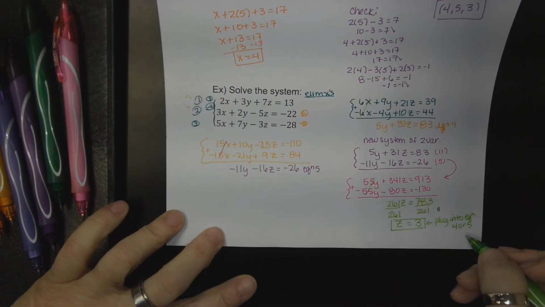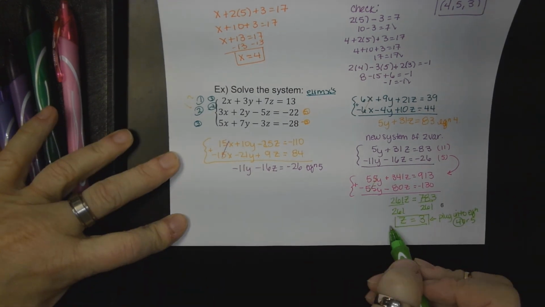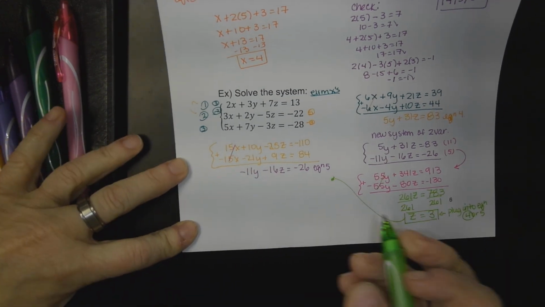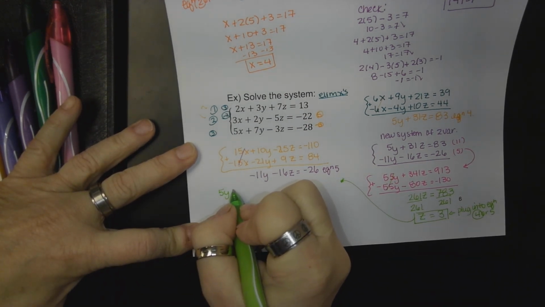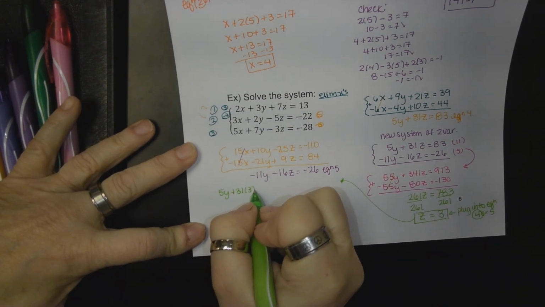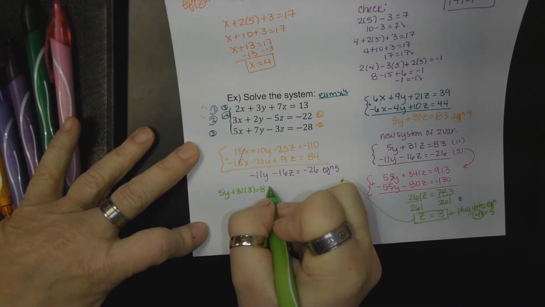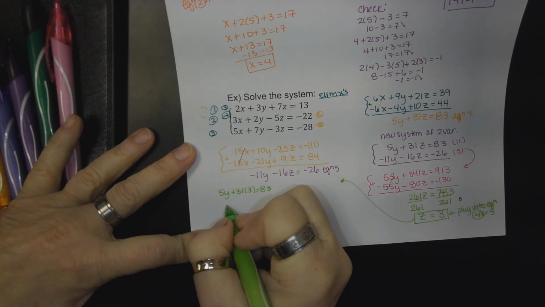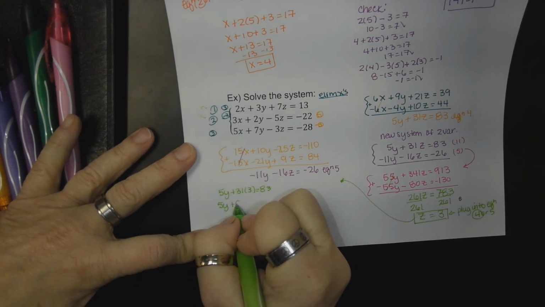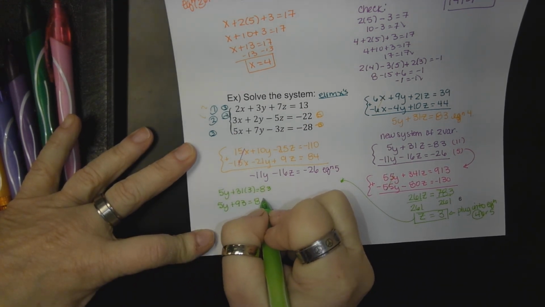And I put equation 4, so I'm going to circle the 4 and just do it over. I'm going to go over here. So I had 5y plus 31 times 3. 31 times 3 is 93. So I have 5y plus 93 equals 81.